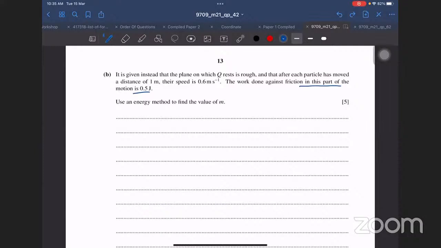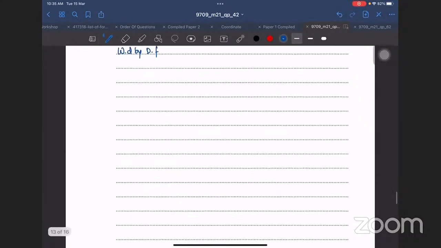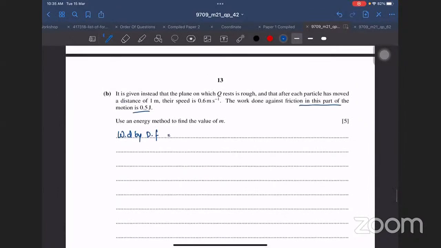So first I will write down: work done by driving force equals change in KE plus change in PE plus work done by resistance. That has to be 0.5.